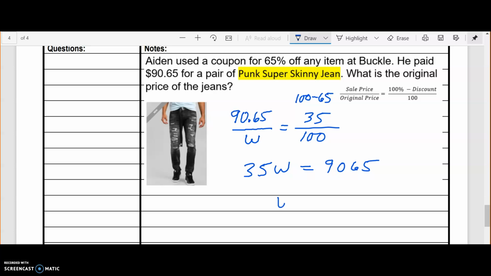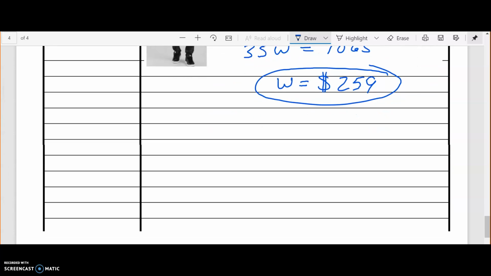So those jeans, before they were on sale, would have cost him $259. So he got them for 90 bucks. So that's pretty good. He could turn around and sell those if he wanted for maybe 200 bucks. And somebody be like, hey, at least I'm saving 59 bucks. And then he can make over 100 bucks profit.